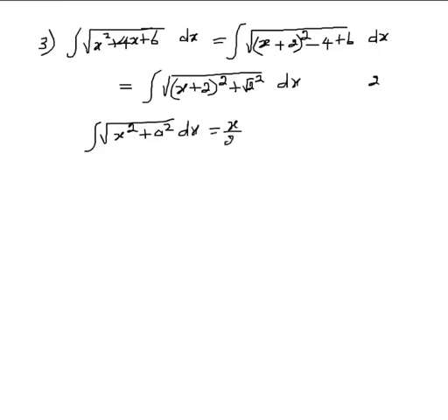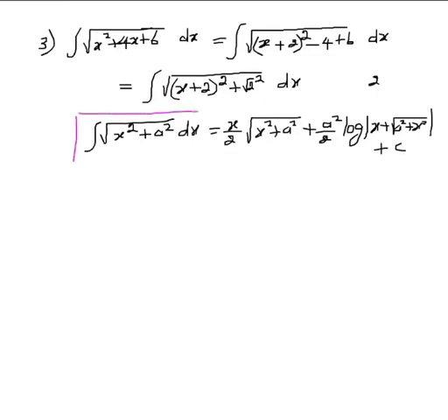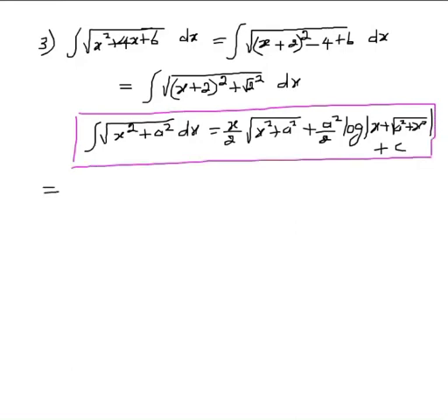Write the formula. X by 2 root of x square plus a square plus a square divided by 2 log of absolute value of x plus root of a square plus x square and plus c. Therefore, the answer is, in this question, x is x plus 2 root of x square plus a square, the same expression.